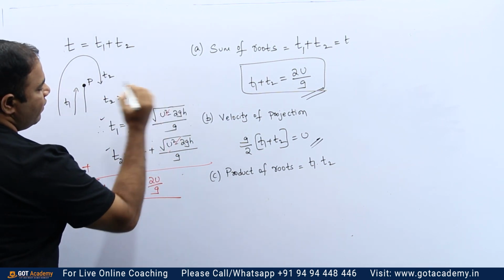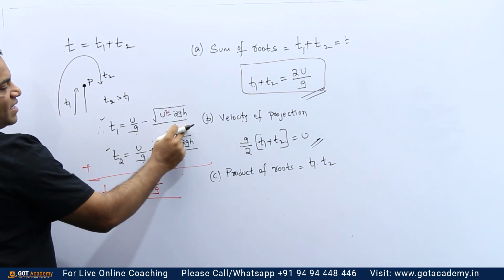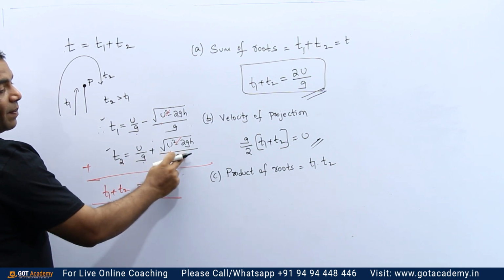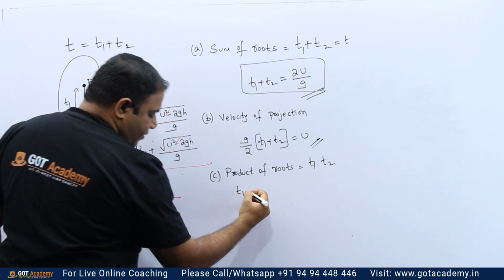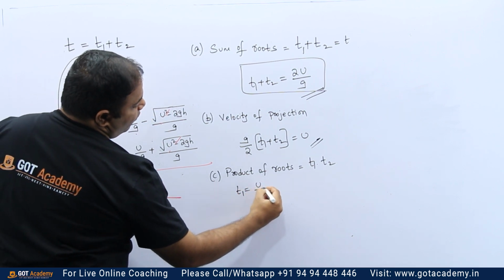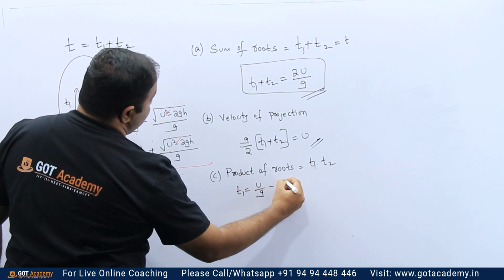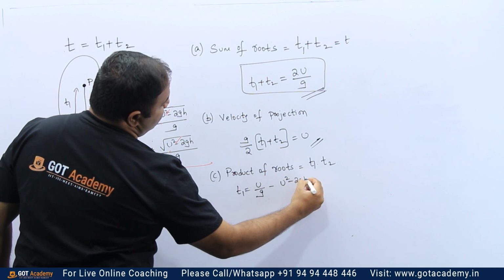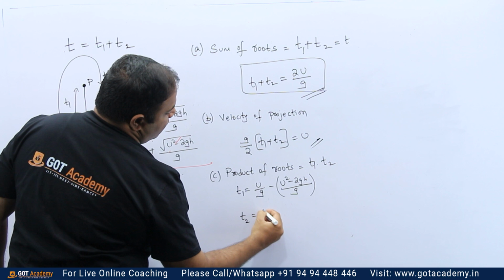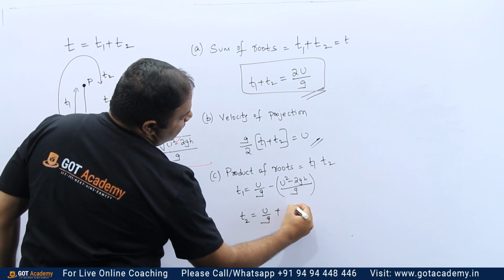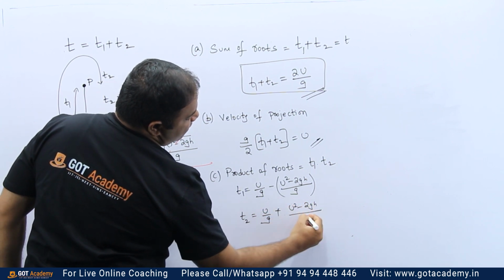If you observe these two equations, this is in the form of a minus b and this is in the form of a plus b. So t1 is nothing but u by g minus square root of u square minus 2gh by g, whereas t2 is u by g plus square root of u square minus 2gh by g.